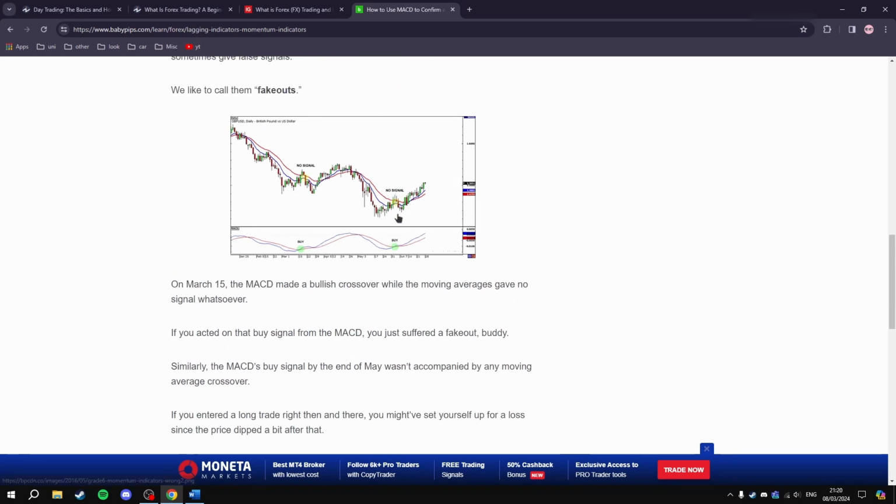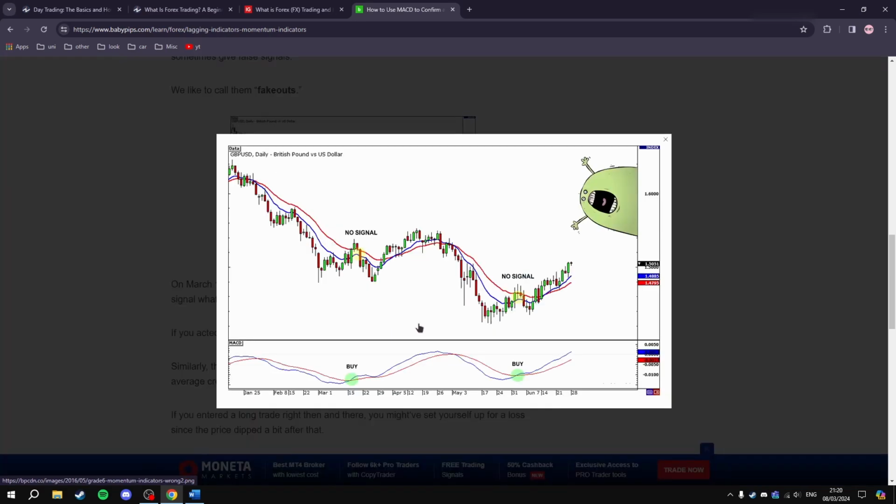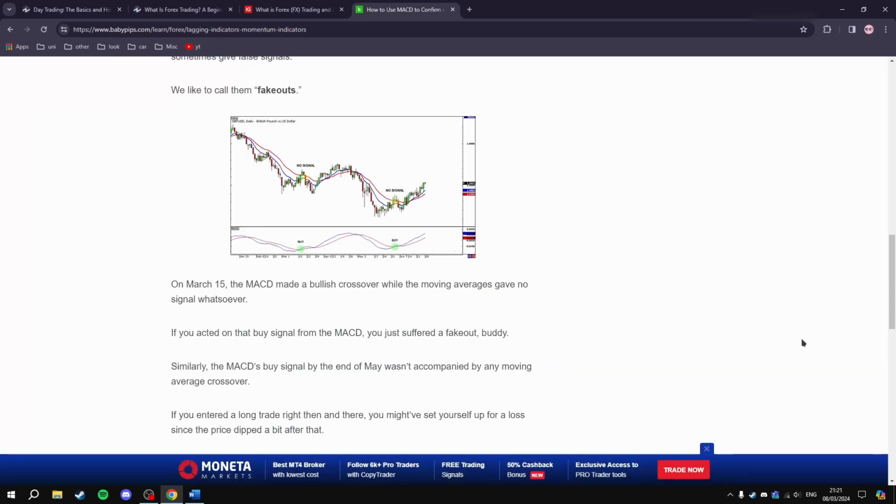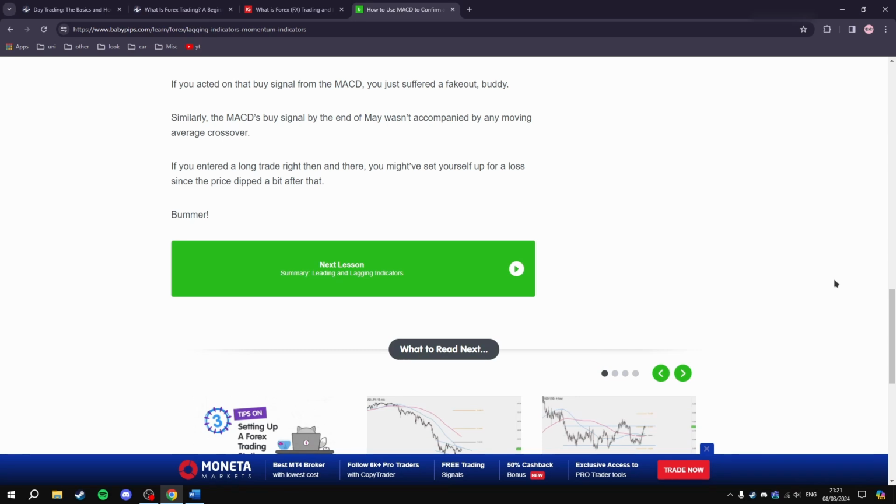Bummer. But to be fair, it did go up after that one, and here it says to buy. The trend did actually go up later, so I don't know if that counts or contributes towards anything.